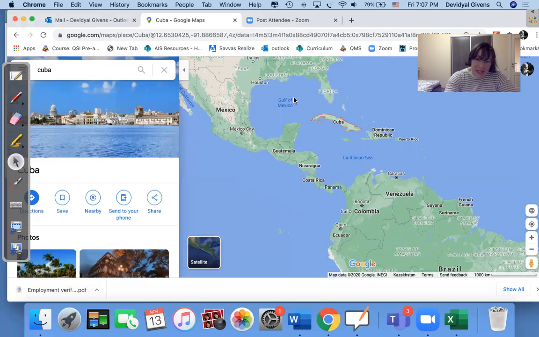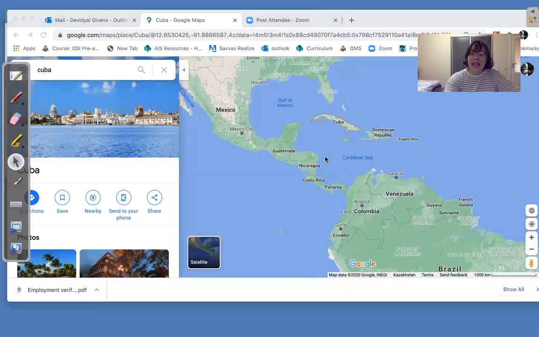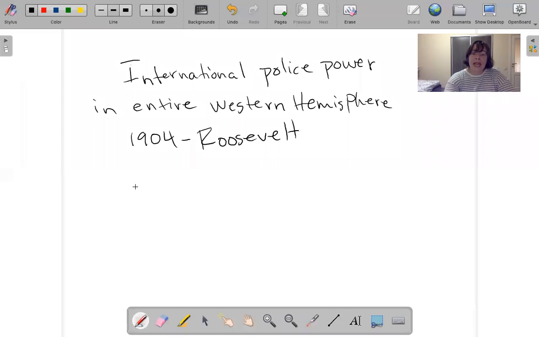The United States supported a revolt of Panama against Colombia. And of course, because it was the United States against Colombia, the United States won and Panama got its independence. But, as a thank you gift, Panama gave the United States a little bit of land to make their canal. And they did. And that canal is called the Panama Canal.